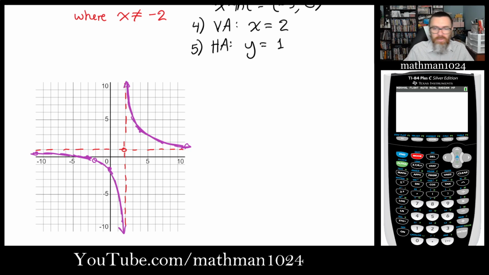All right, now let's check with the calculator. So in the numerator, now we want to go for the original guy. The original guy was x squared plus 5x plus 6 divided by x squared minus 4. All right. So let's graph this and see what we have. Yeah, that's what I've got. There's a y-intercept.